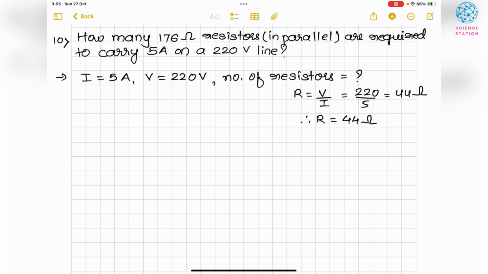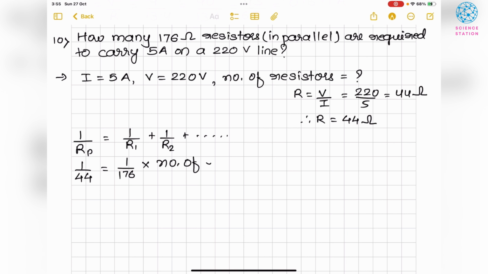Now we know that in parallel 1 upon Rp equal to 1 upon R1 plus 1 upon R2 and so on. So here 1 upon 44 should be equal to number of resistors upon 176, because here the resistance is same of all resistors.